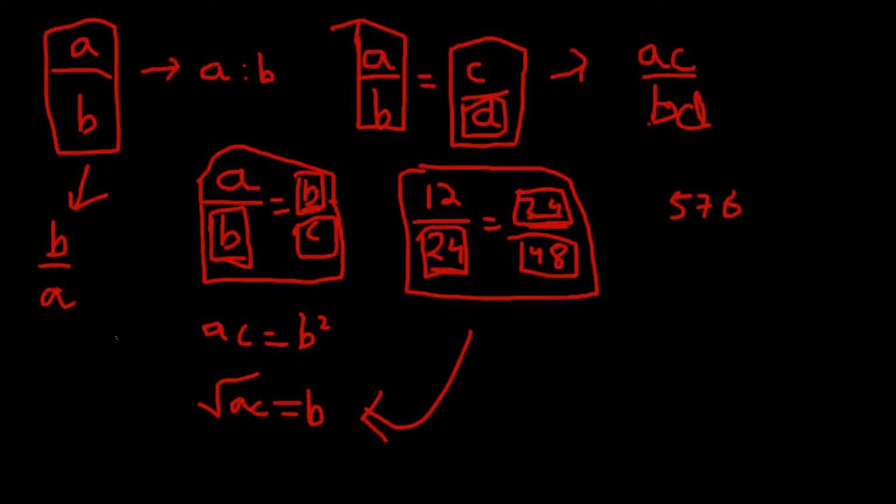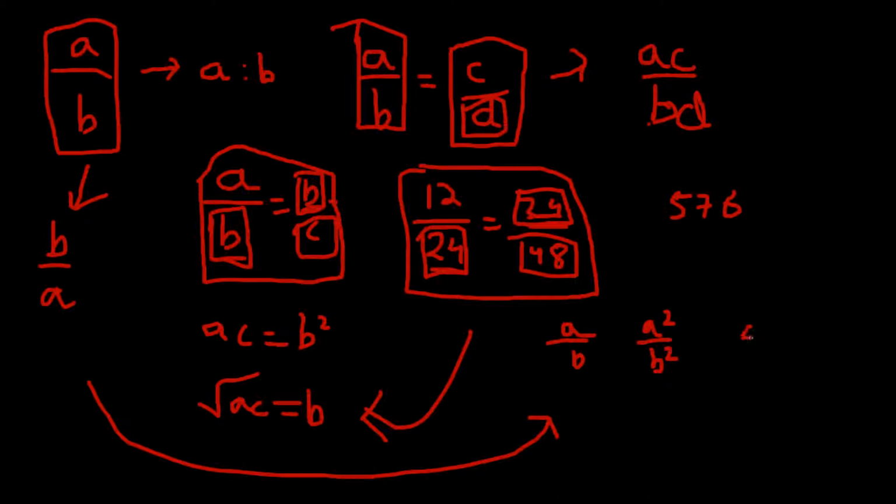Now these ones are slightly more important. There's duplicate ratio, triplicate ratio, subduplicate ratio, and subtriplicate ratio. So duplicate ratio, say you have A by B again. Duplicate ratio is nothing but the ratio between the squares. So that's A square by B square. Triplicate ratio is A cube upon B cube.